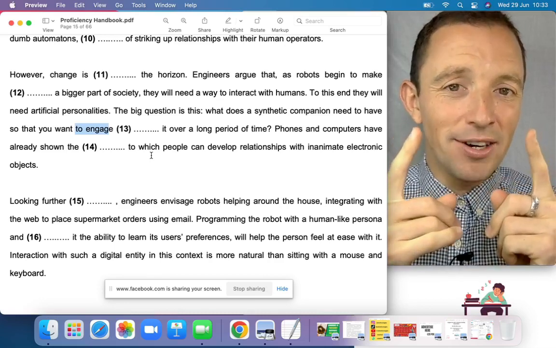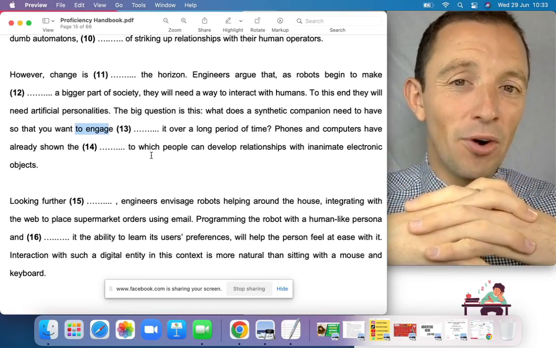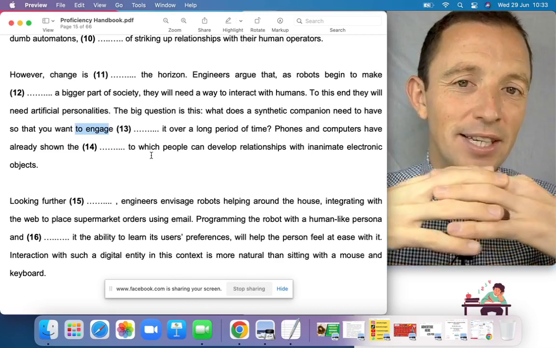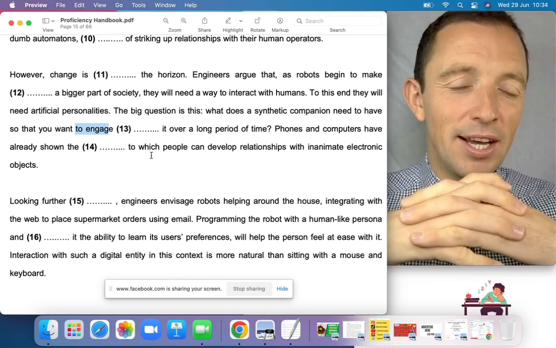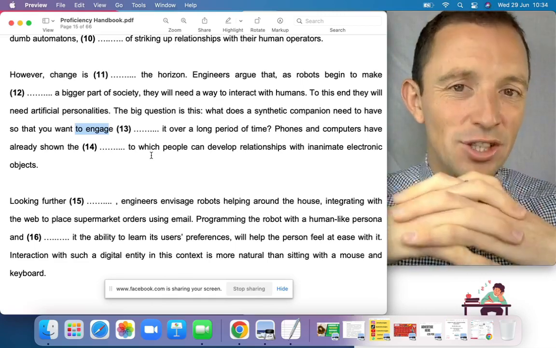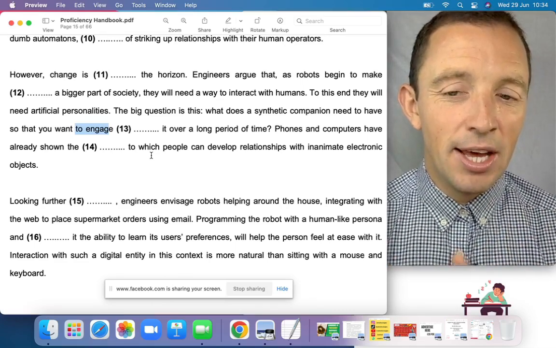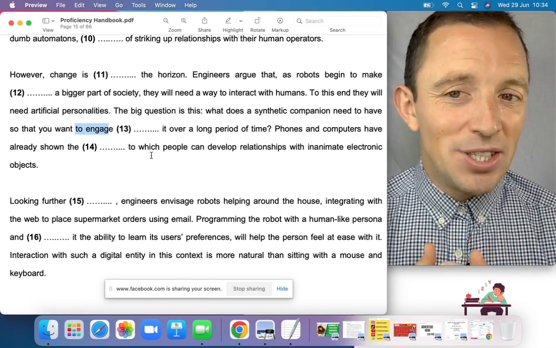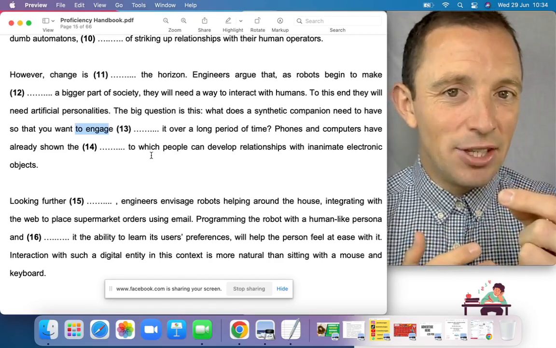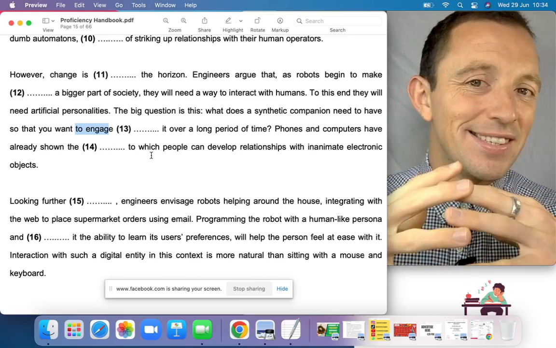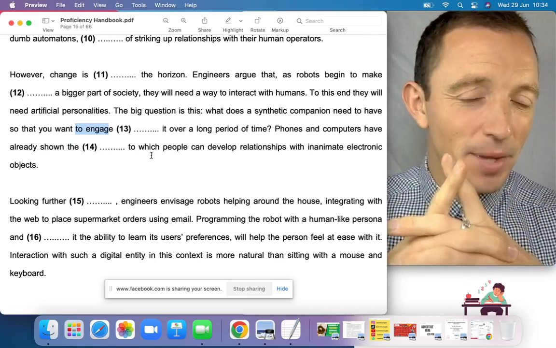You and your partner are engaged before you marry. You promise and you are involved with that person and nobody else. So you are engaged to this person. This means you're going to marry this person in the future. The other possibility is to engage in activity, to engage in conversation. This means to partake and to participate.